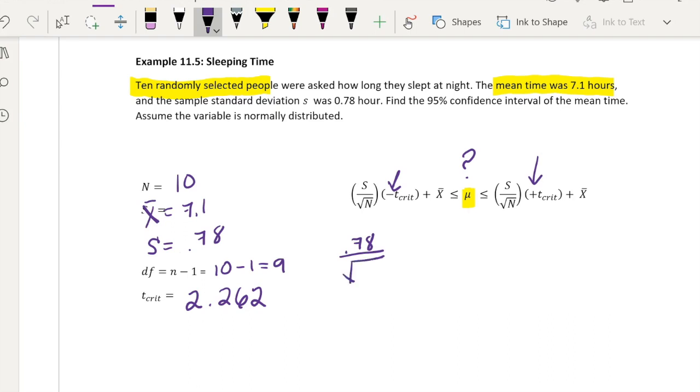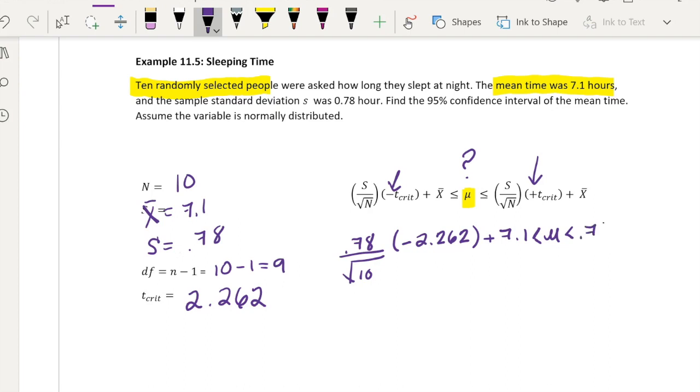Cool. So 0.78 over square root of 10, times negative 2.262, plus x bar, which is 7.1. Every time I teach this, apparently it doesn't matter the format, I always run out of space.